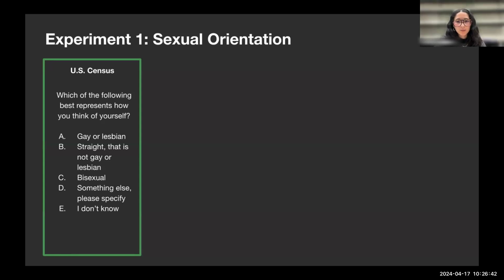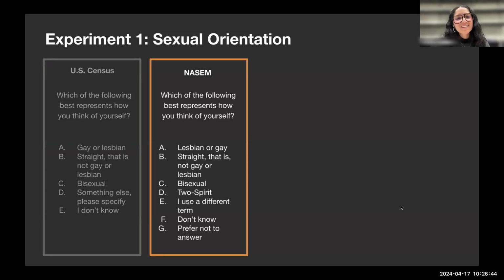The National Academy of Science, Engineering, and Medicine expands on this by adding a two-spirit option that they give to respondents who identify as Native American, and they also changed the something else, please specify, to I use a different term, which generally speaking we believe to be more inclusive and less othering.